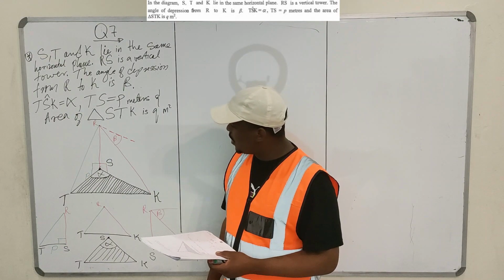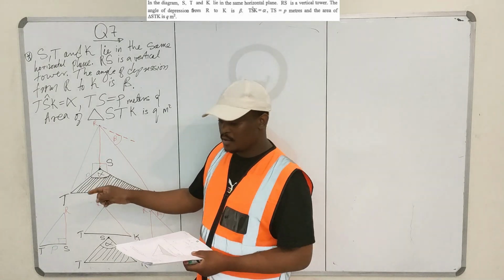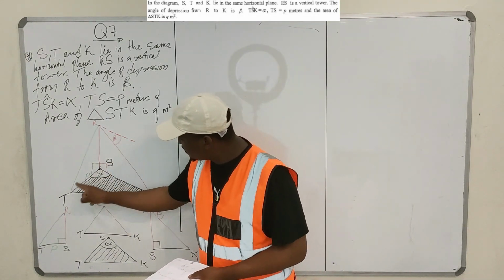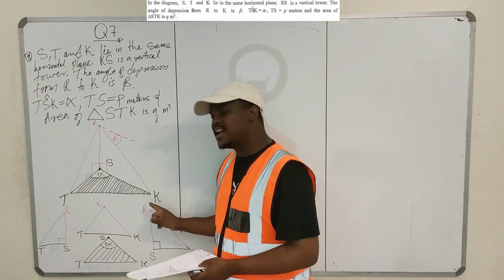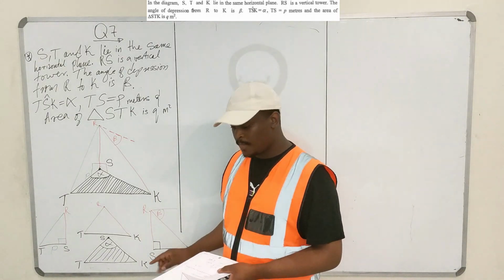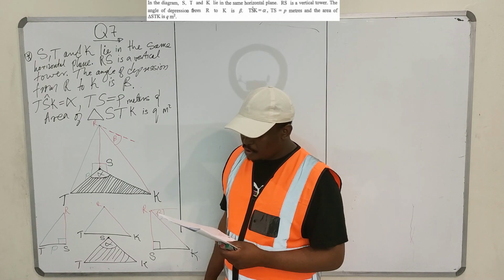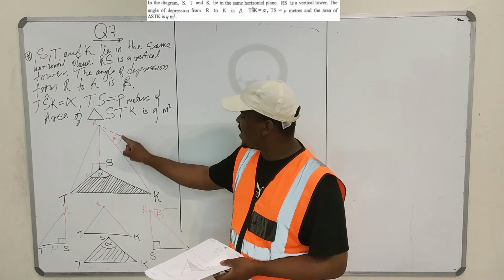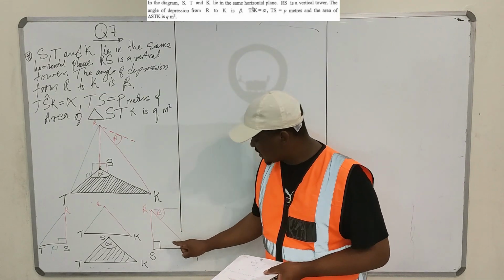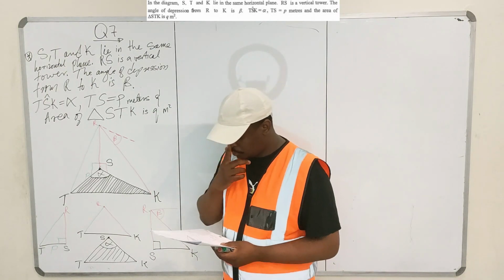RS is a vertical tower, as you can see there, because I said that RS is perpendicular to ST and SK, as you can see here as well. No problem. They're saying the angle of depression from R to K is beta. So this angle here is beta, which is the angle from the horizontal to RK, like I explained. The angle of depression, no problem.